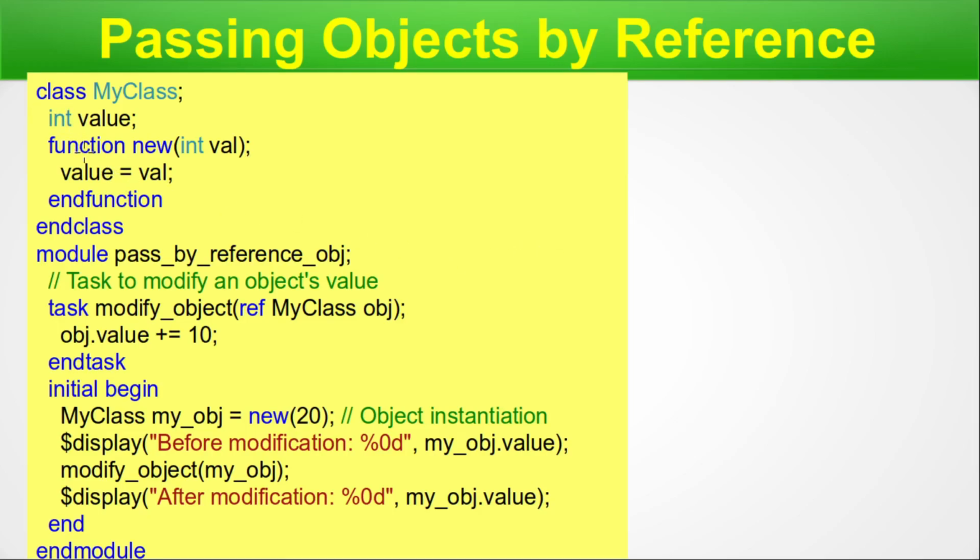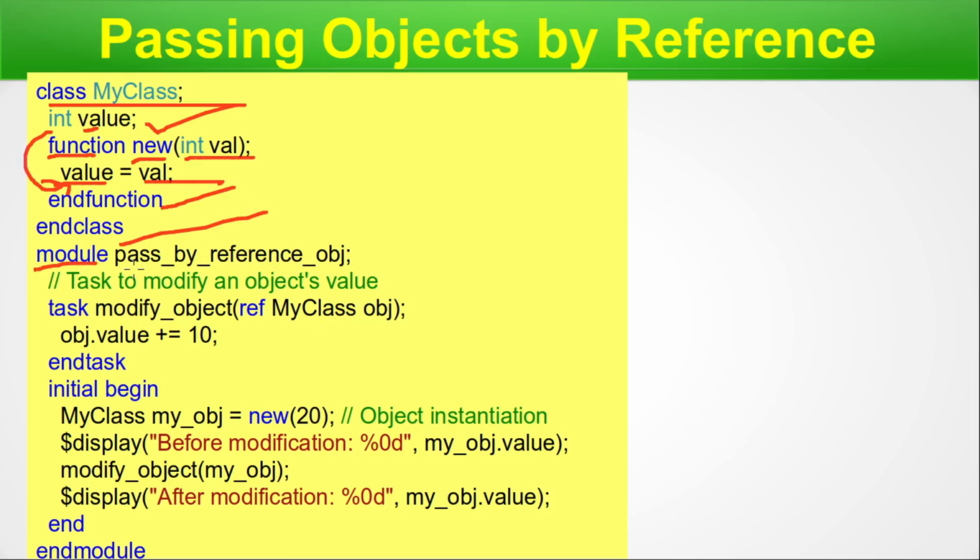There are multiple lines. First, we define a class, my class, and there I define an int value, and then I define a function new, which takes an int value as the argument. Here value is changed into val. So here the class ends and the function ends. Now let us define a module.